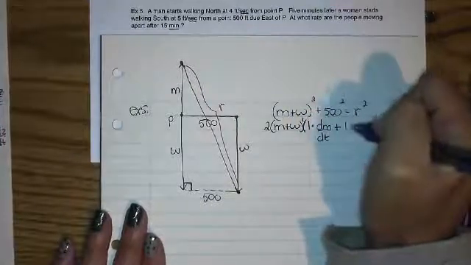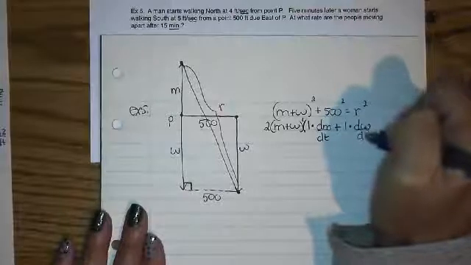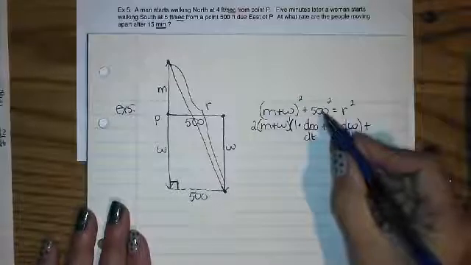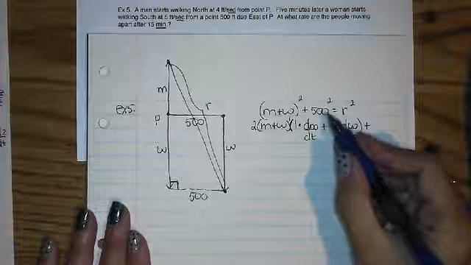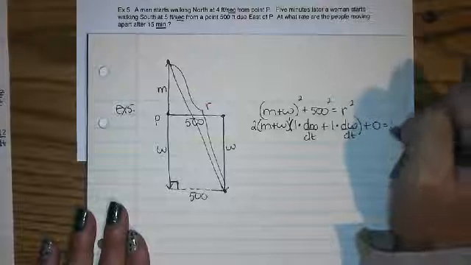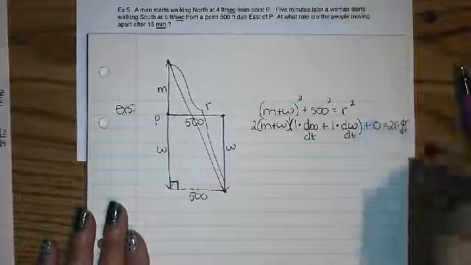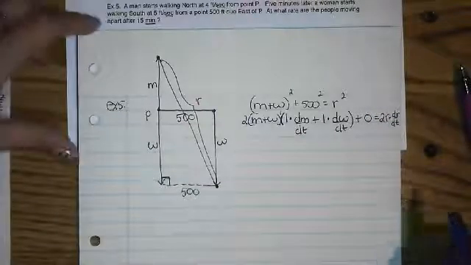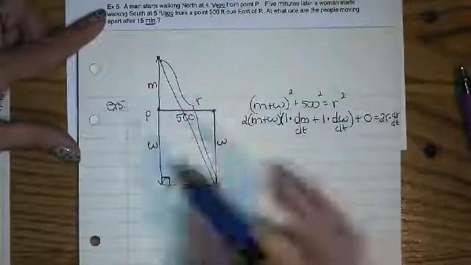The derivative of m is 1, times dm/dt, the man's rate with respect to time, plus the derivative of w is 1, times its rate with respect to time, dw/dt, plus the derivative of 500 squared is going to be 0. And then the derivative here is 2r times its rate, dr/dt. Just got that on there.